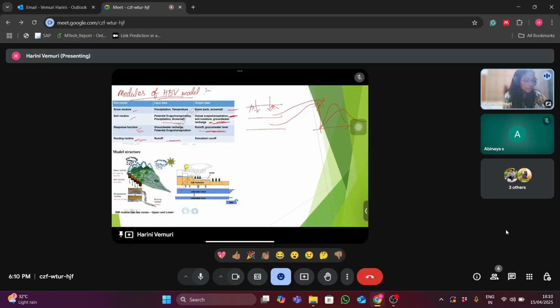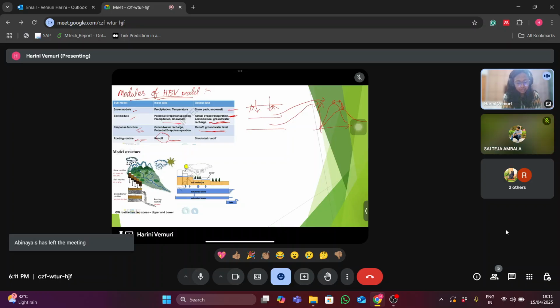Because of this, the runoff might not be that. So there will be a transformation function which we will apply on the runoff that is generated in the third module to obtain the simulated runoff. Generally, in the simulated runoff, the peak will be reduced and there will also be a time lag.